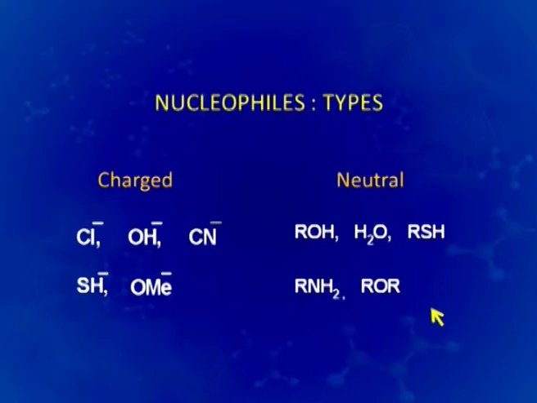The other types of reagents we come across in organic chemistry are called electrophiles. Electrophiles, as the name suggests, are electron loving.